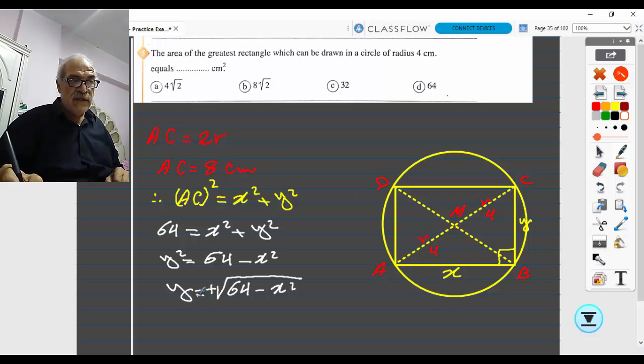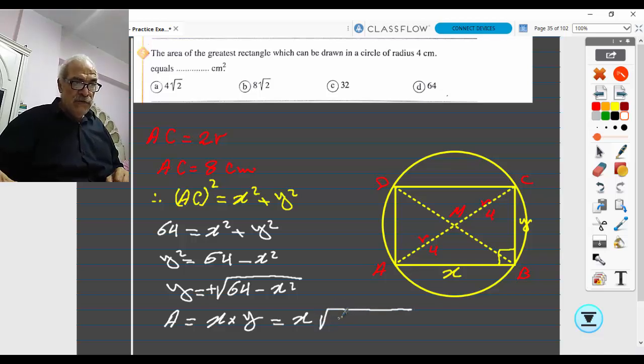What is the area of the rectangle? The area of the rectangle, consider it A, equals length by width, equals X multiply Y, which equals X square root of 64 minus X square. Okay, this is the area of the rectangle.